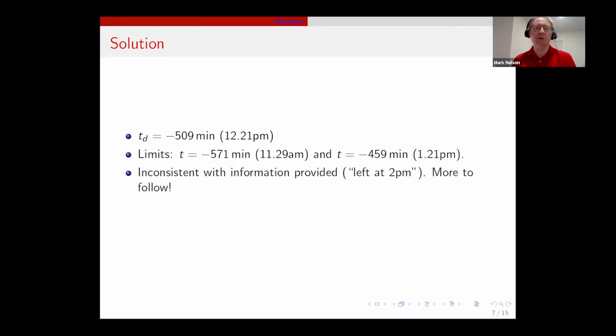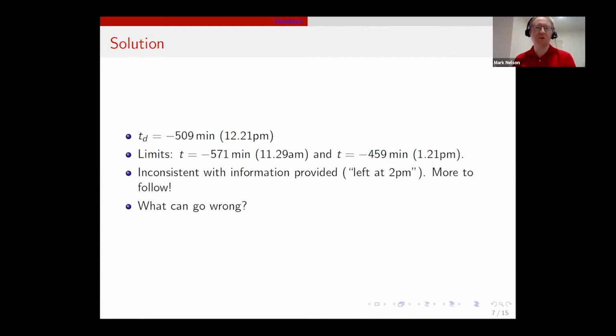And this information is inconsistent with the statement that was provided by the person who found the body. And at the end, I want to turn to the question as to how did students address this inconsistency in their written statements, because I think that raises some interesting issues.